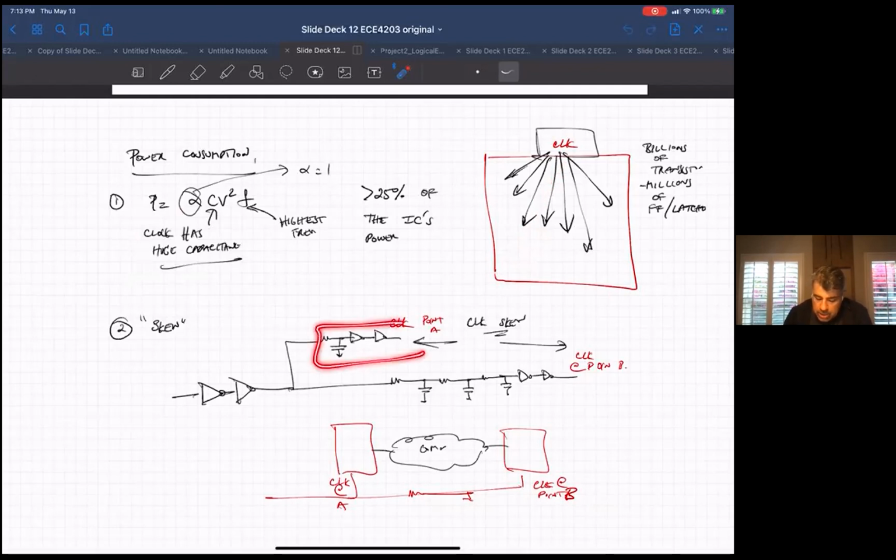So some places get the clock edge faster than other places. This variation is called skew, and it's a very important part of your design. So the reality is that sequential circuits and clocking take a disproportionately large percent of the power consumption.